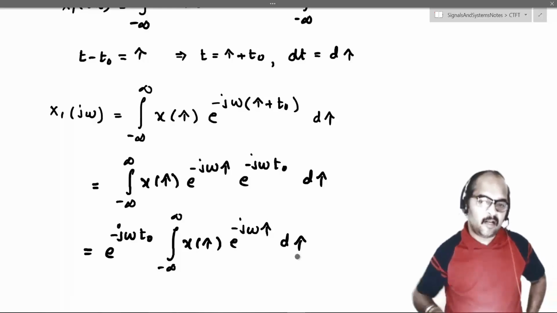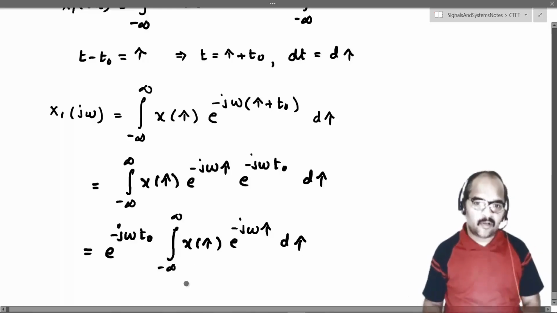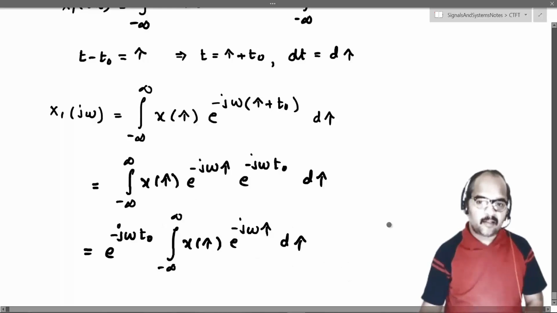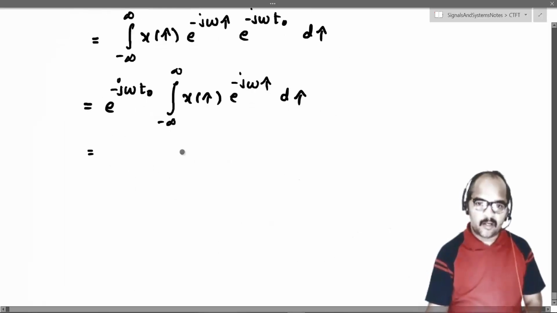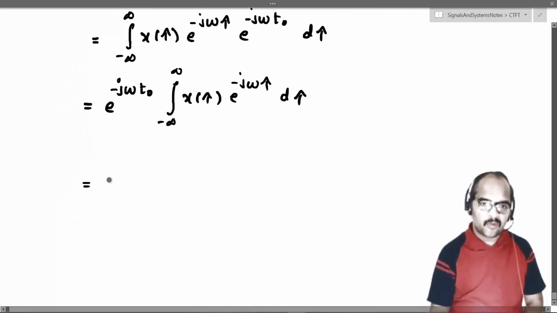In the dummy variable we replaced t with tau, but the Fourier transform is not going to change, and hence the integral is nothing but x of j omega. So that should be equal to e power minus j omega t naught multiplied with x of j omega.